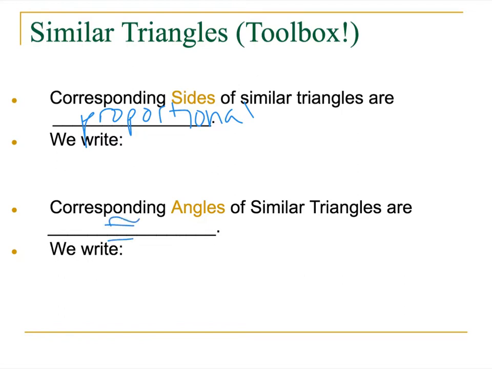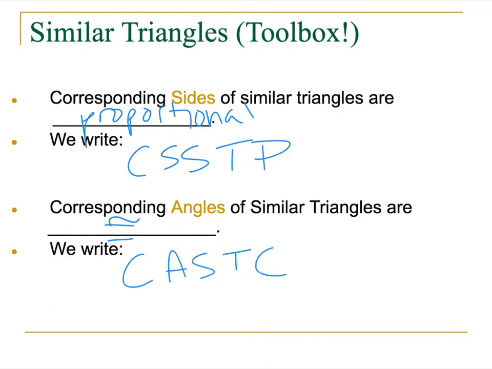So this one here we'll abbreviate as CSSTP, and this one as CASTC. We really don't ever use this one down here, mainly because how are we proving triangles similar?